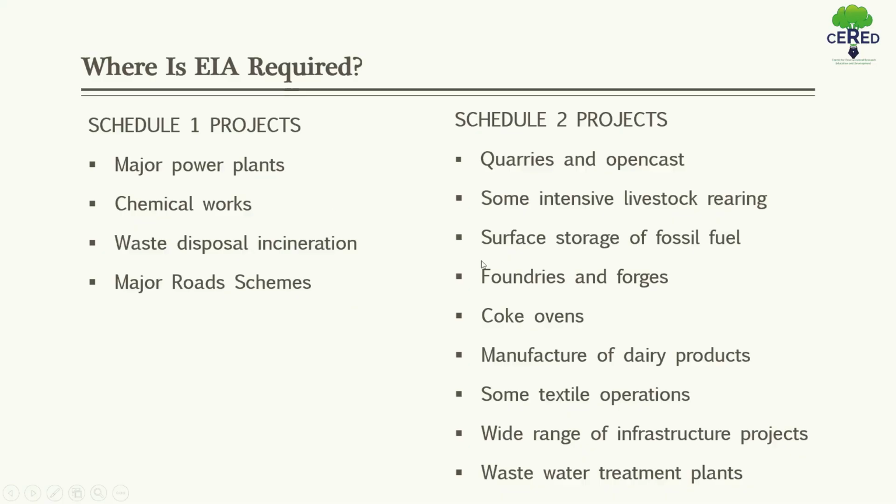And quarries and open cast mining, surface storage for fossil fuels, foundries and forges, some textile operations, wastewater treatment plants, and coke ovens are under Schedule 2 projects. If you have any question regarding any slide or regarding the basics of EIA, you can write in the chat box. After the session, we will have a question answer session.